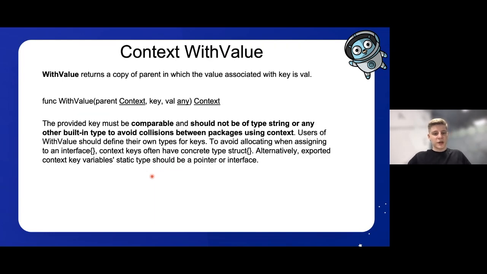Context with value. It's a useful thing when you need to send some metadata between Go routines or between applications, for instance in case you use gRPC. For instance, you can put inside some correlation ID.